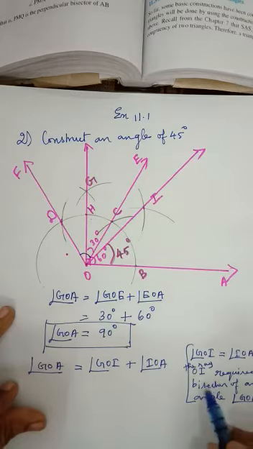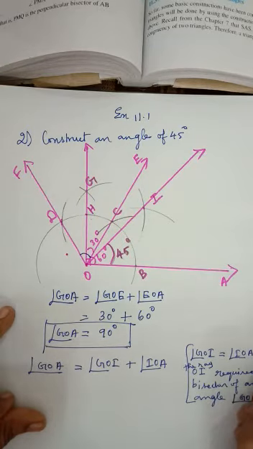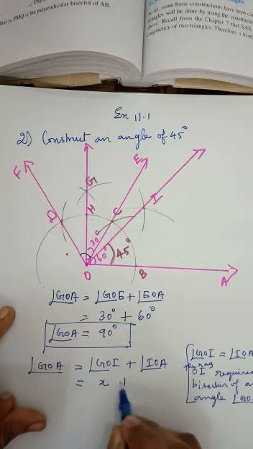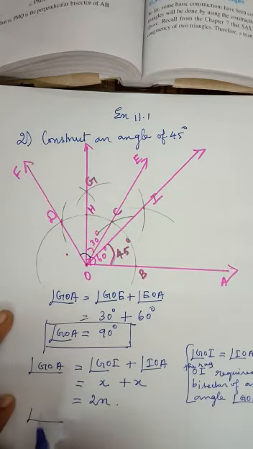Is it clear? So we can say angle GOI is equal to angle IOA. If I take that as x, then both are x, so 2x. So angle GOA is equal to 2x.